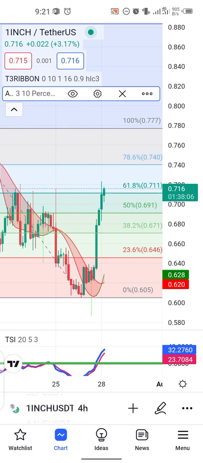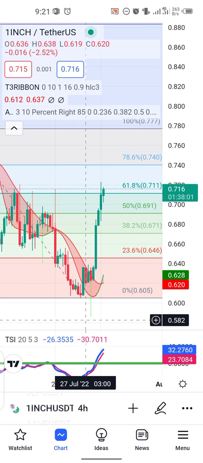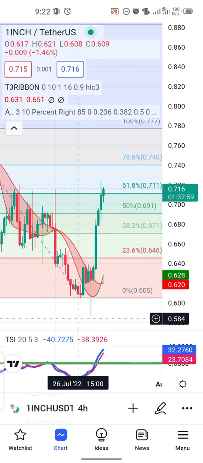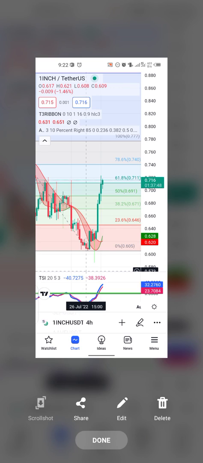Now, I want you to imagine that yesterday you came here, like I'm just putting in my finger. On the 26th, you came here during the downward trend and found this dotted line touching 0. Let me take a screenshot to show you.